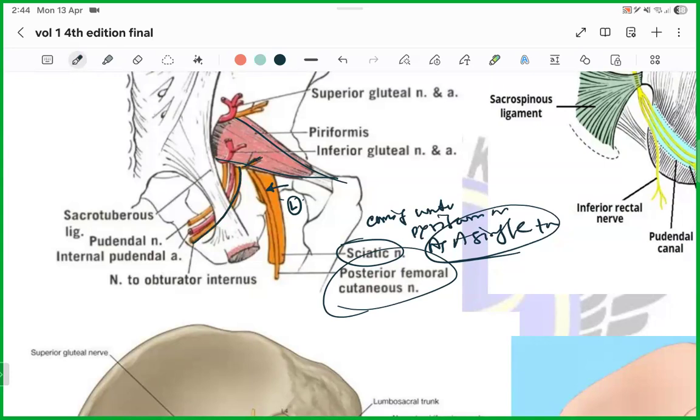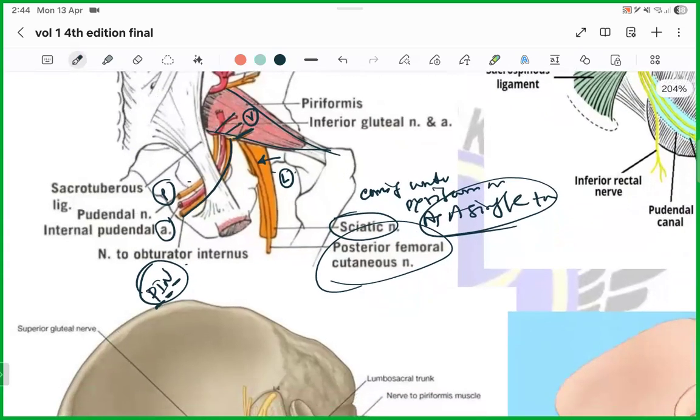Then we have inferior gluteal artery. We don't have vein here. Inferior gluteal artery, vein, and nerve to obturator internus, internal pudendal artery, and pudendal nerve. That is PIN: pudendal nerve, internal pudendal artery, nerve to obturator internus.